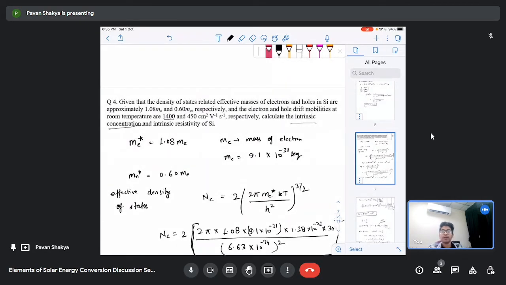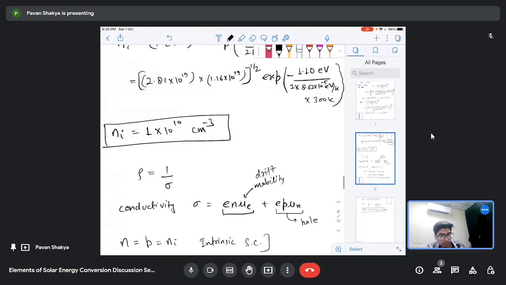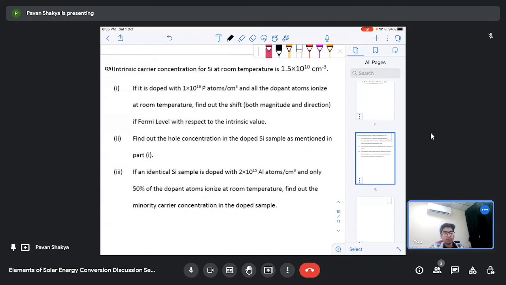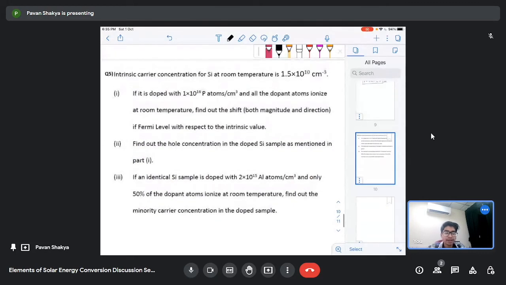Now we will move to the next problem. In the next problem, it has been asked that for silicon at room temperature, the intrinsic carrier concentration is given as 1.5 into 10 to the power 10 per centimeter cube.